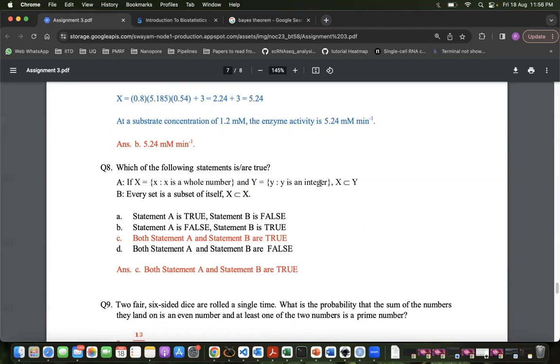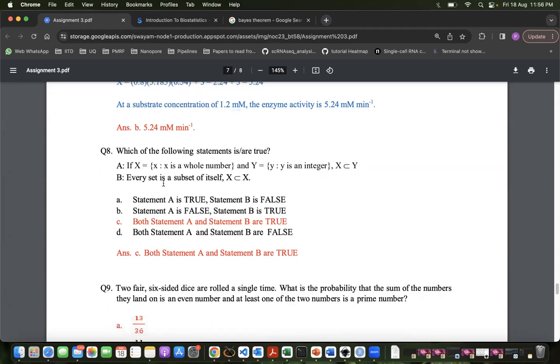Integers are minus infinity to plus infinity, all the numbers like 10, 20, 5, 6, minus 5, minus 3, and so on, and whole numbers are from 0 onwards. So this is true, right? And every set is a subset of itself, because all elements of this x are a part of the other x. So both the statements are true.